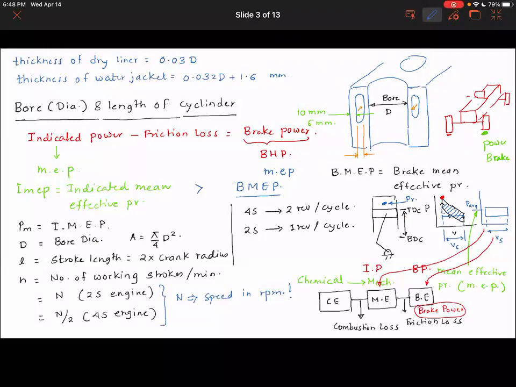Sometimes engine misfires are possible because maybe the fuel is contaminated or cylinder temperature is too high, and that is where the EGR valve, exhaust gas recirculation valve, comes in the picture.